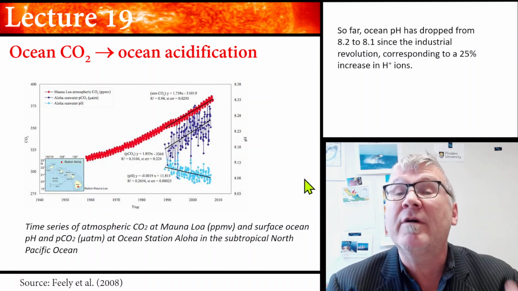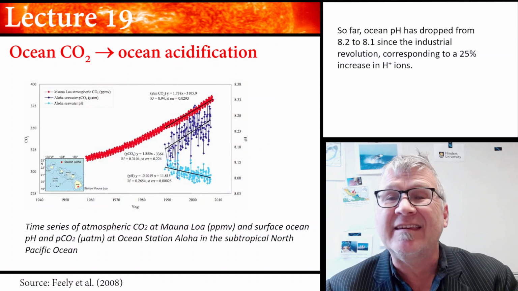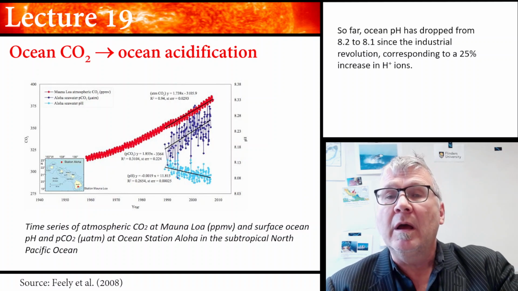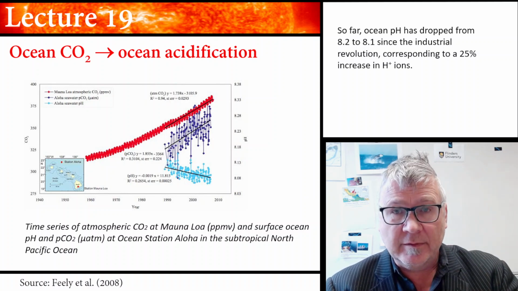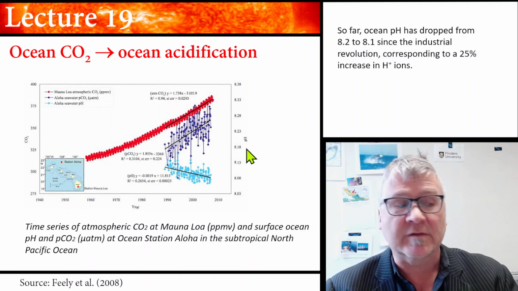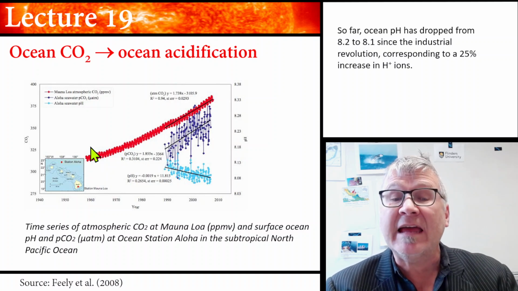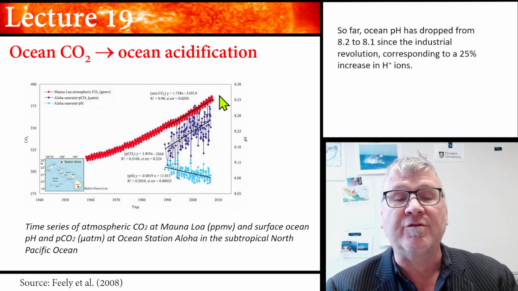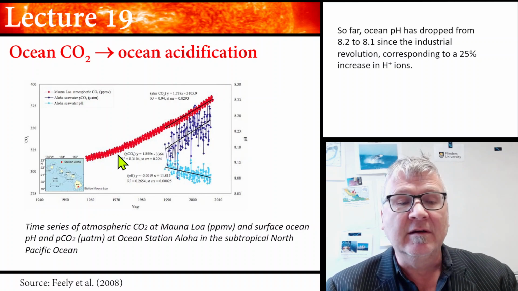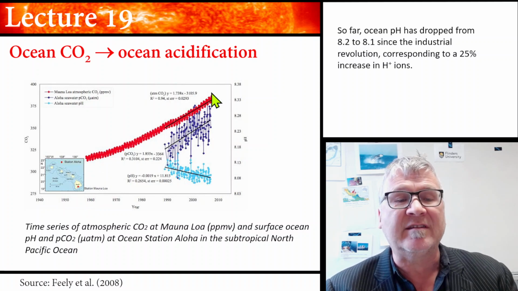So what this graph shows you is the link between atmospheric CO2, the CO2 in the ocean, and the pH. The red curve is the Keeling curve, atmospheric CO2 concentrations, the increase since the mid-1950s, shown here until 2010.